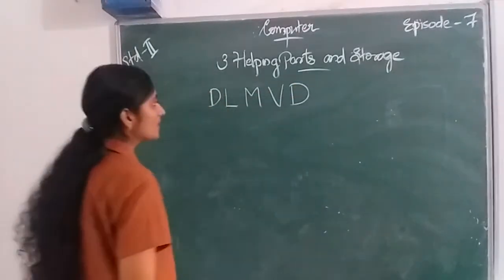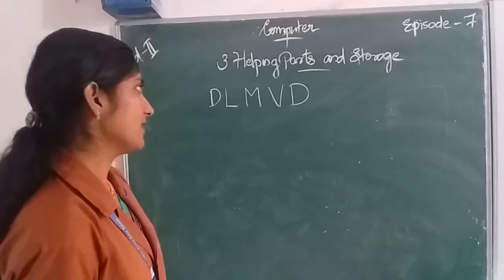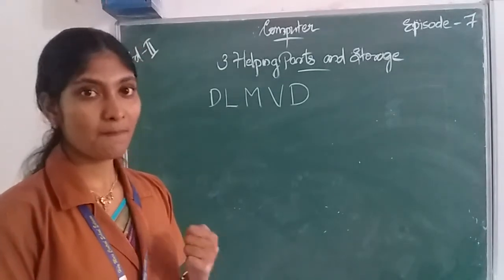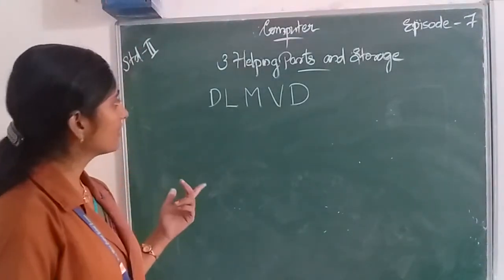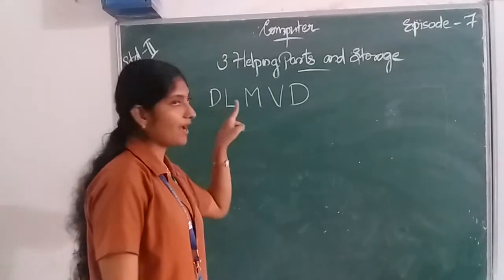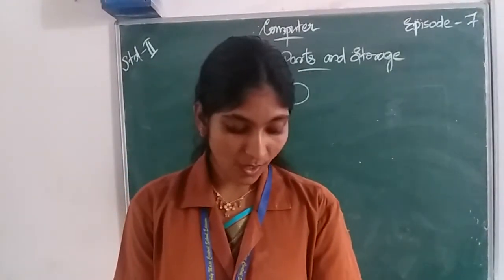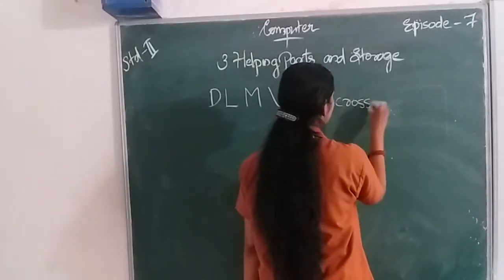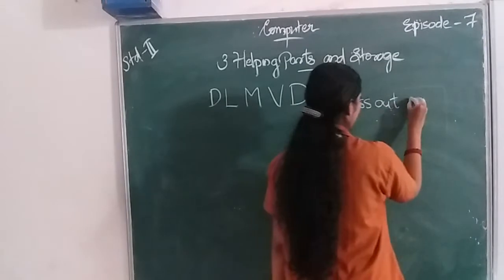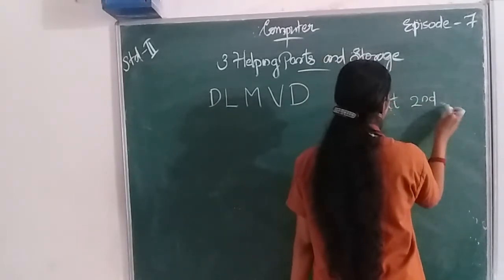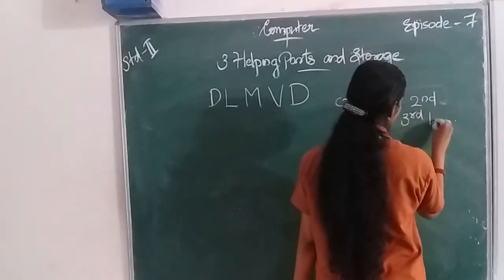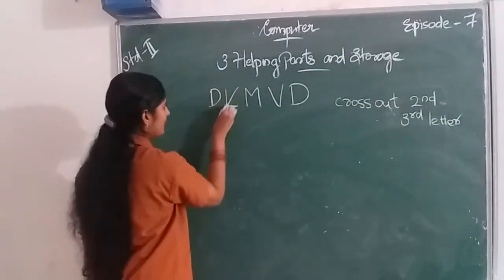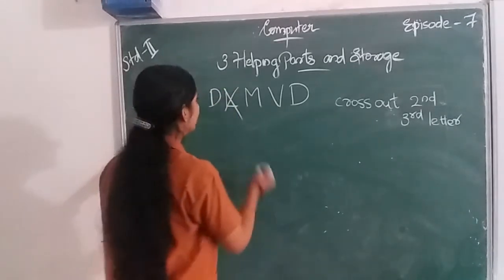So cross out some letters and we have to find the hidden word. So which are the letters we have to cross out? Here, cross out second and third letter. So, second letter is L and third letter M.